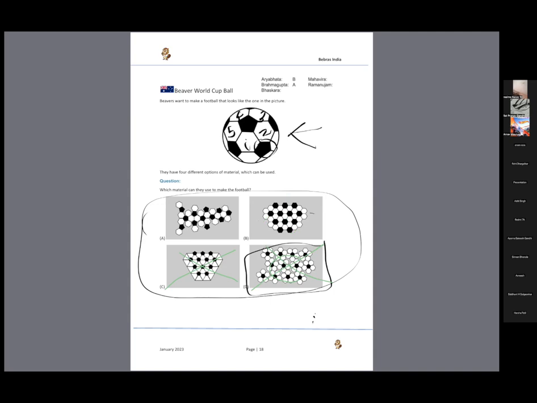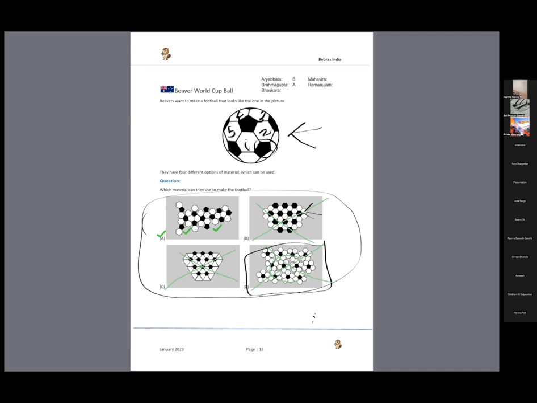So that cannot be the answer as well. And then finally, we have option A. Black spots are correct. They are pentagons. White spots are hexagons. And they have perfectly enumerated the ones which are repeated. So each pentagon does have five hexagons, but there are not seven hexagons.